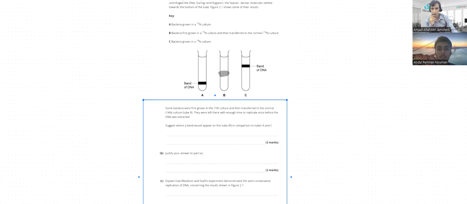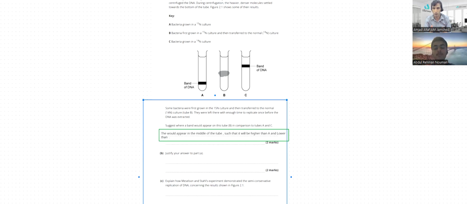Suggest where the band would appear on this tube in comparison to tubes A and C. This would appear in the middle of the tube such that it will be higher than A and lower than C. Yes, definitely that should be between the bands in tubes A and C, at an intermediate position, right?